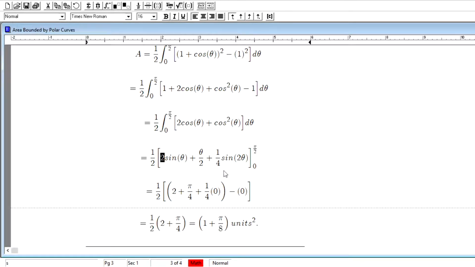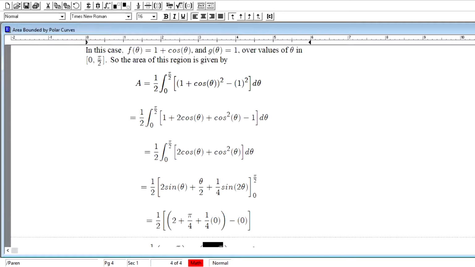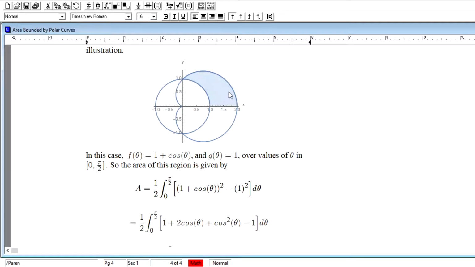Evaluating across these bounds is rather elementary also, and simplifying to 1 plus pi over 8 is a rather fundamental calculation here, folks. A rather fundamental integral calculation for what is a rather complex region of space.